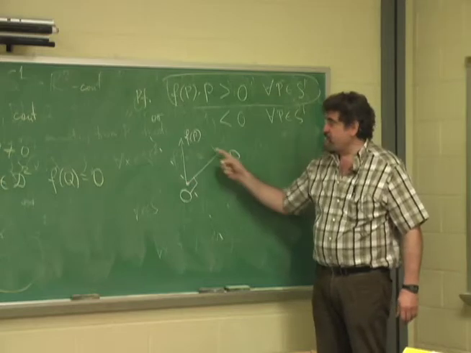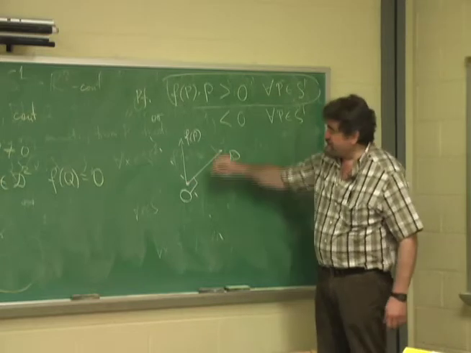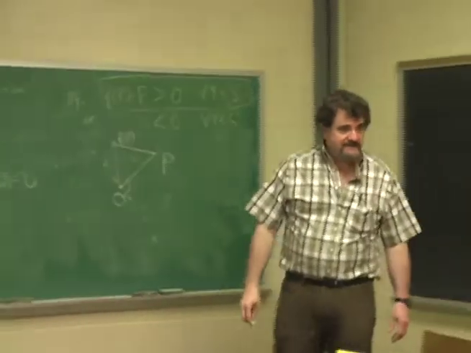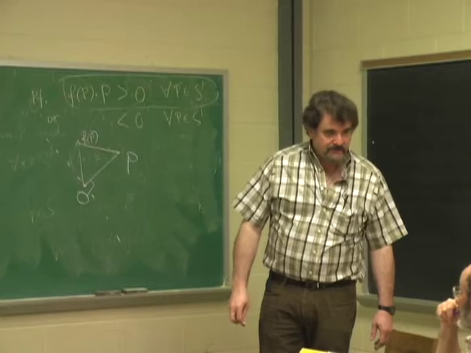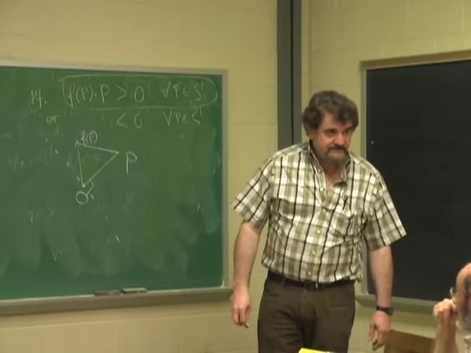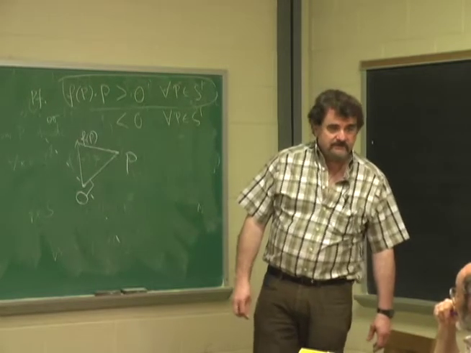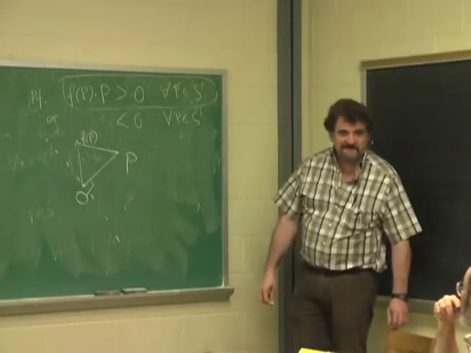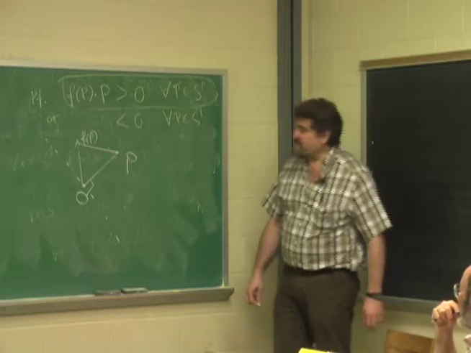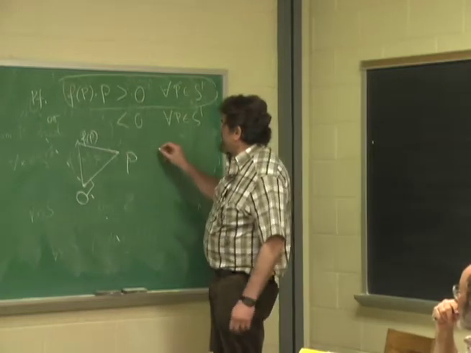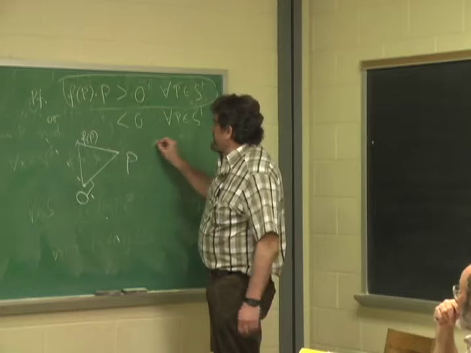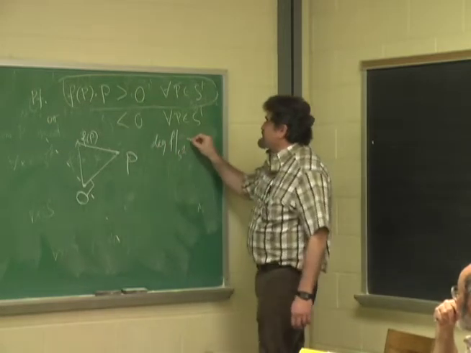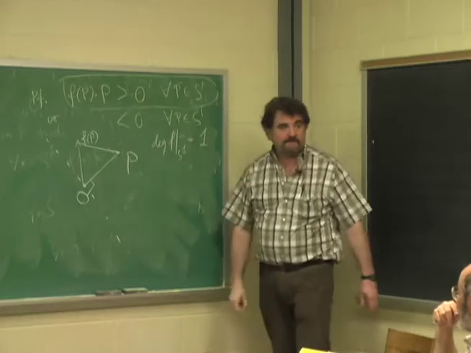And that means that f of p and p are in the same half plane. Therefore, this guy does not touch the origin. Okay? So, invoking the fifth amendment, which is the dog on the leash theorem, we immediately get that the degree of f on S1 is 1, simply.